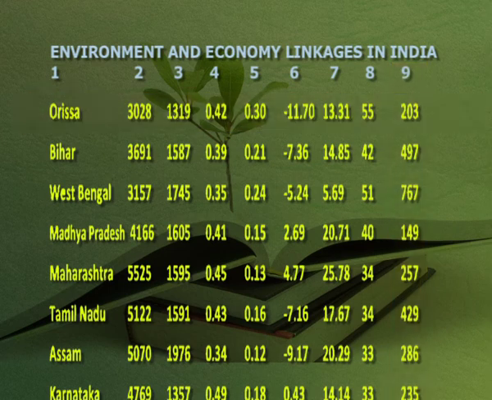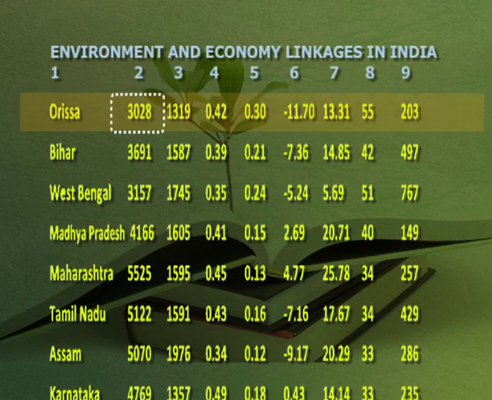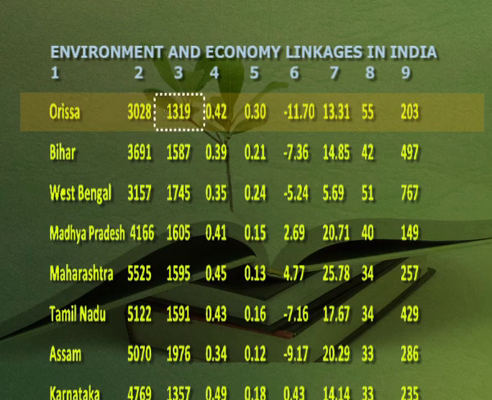For example, if we look at the state Orissa, per capita income 1993-94 is 3028 rupees. Mean income of the poor 1993-94 is 1319 rupees per year. Gini ratio per capita income is 0.42. Sen Poverty Index is 0.30.